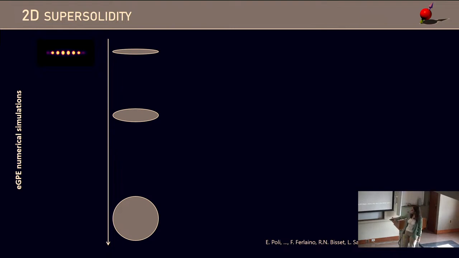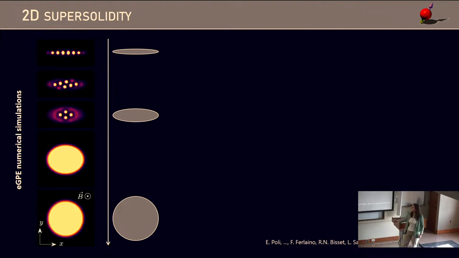We performed some numerical simulations with the Gross-Pitaevskii equation, and we realized that if you just release your transverse confinement and leave all the other parameters constant, at a certain point you lose the supersolidity and you fall again into the BEC regime.